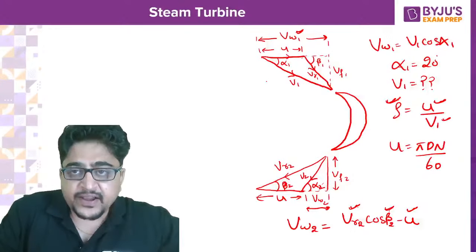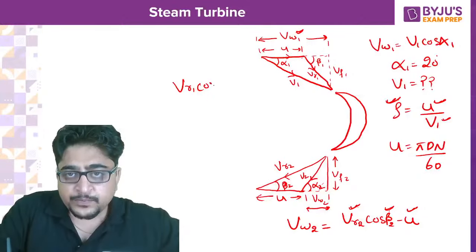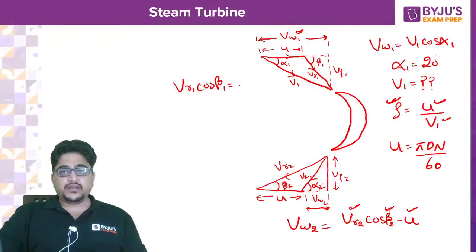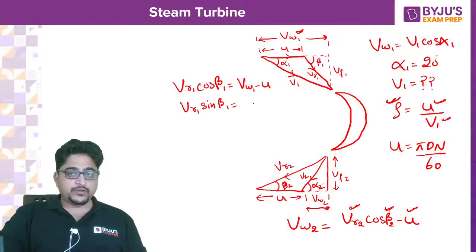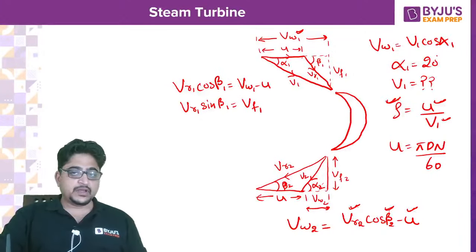Can I write it like this? VR1 cos beta 1 is equal to VW1 minus U, and VR1 sin beta 1 is equal to Vf1.